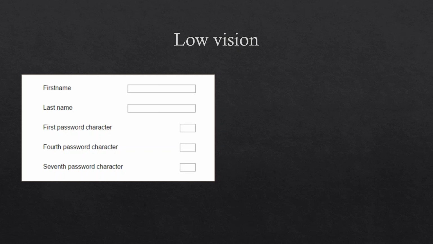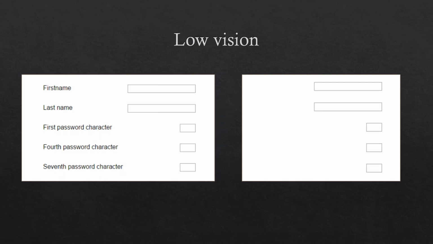When you zoom in as a magnification user, you can do this in your browser just with Control and the mouse wheel up or down. You can zoom in anywhere up to, I think, maybe 800%, maybe more. Everything gets bigger, and that includes white space as well. So you might end up with a situation where the input fields are there, but the actual labels are far away on the other side of the screen, maybe even off the screen if you've zoomed in enough.